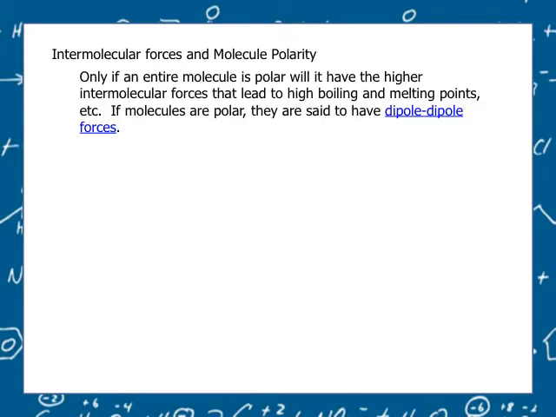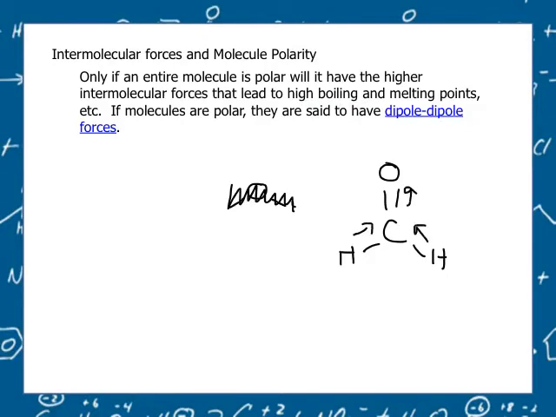So if I draw a water molecule here, actually let's not do a water molecule because we're going to talk about those specifically later. Let's do a formaldehyde molecule here. The dipole arrows on this are as follows. So we have a net negative here and a net positive.